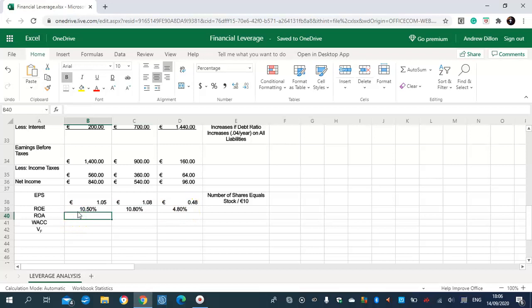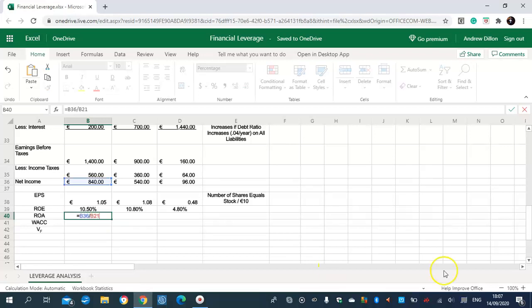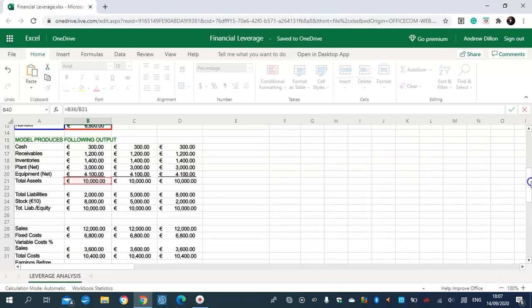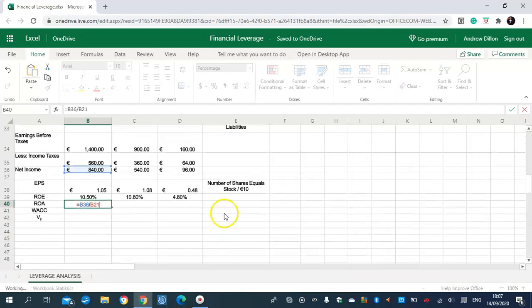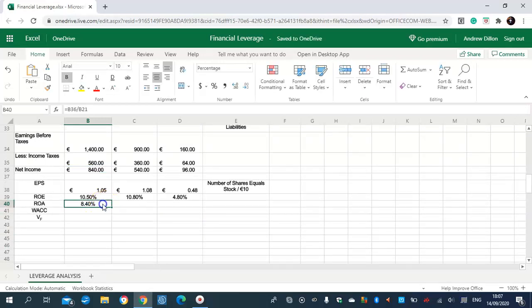Next one is return on assets, which is ROA. So that is divided by total assets, giving 8.40%.